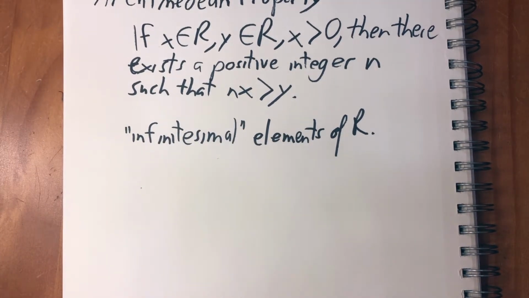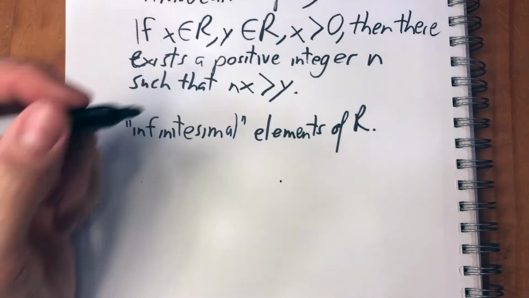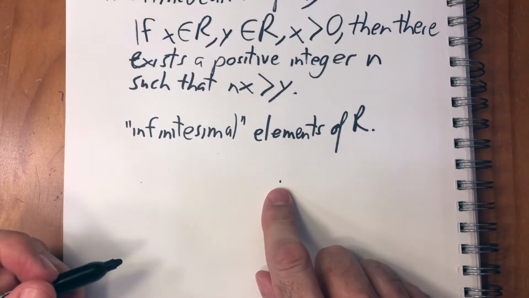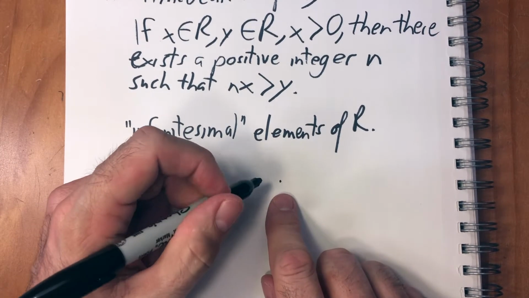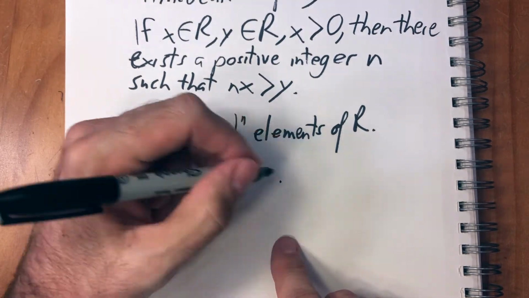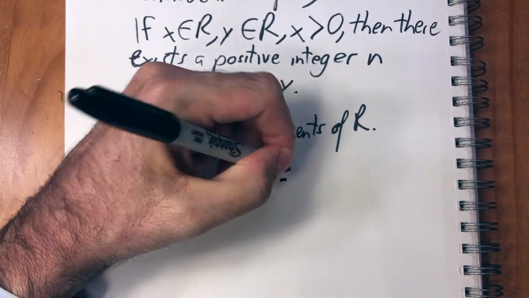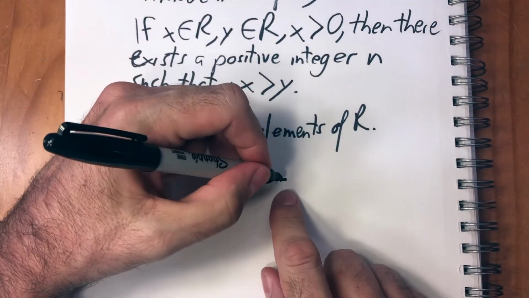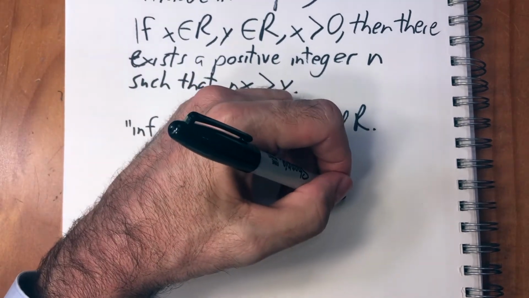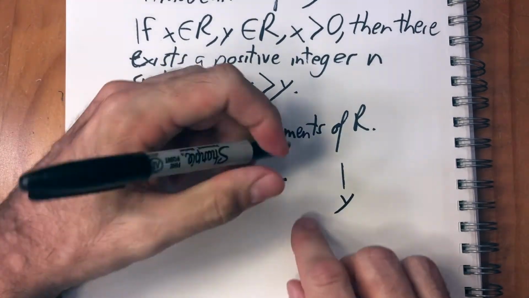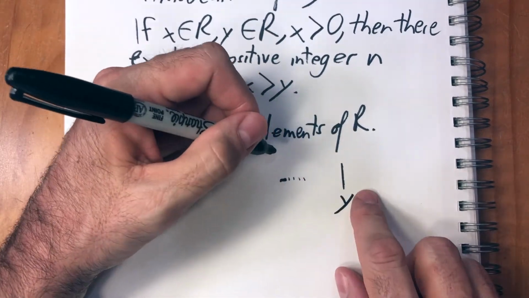If there were an infinitesimal sitting there, you could multiply it by a million, a billion, whatever, and it would never move past that spot. Because if it has some kind of length, some kind of substance, then no matter how tiny it is, eventually you'll be able to add enough of them together to get on the other side of y.